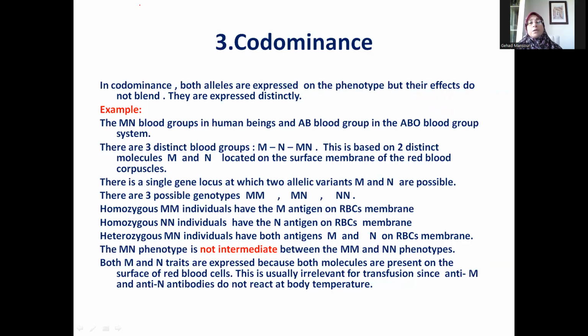For example, in the regular blood grouping system, which is the ABO system, which is the most dangerous, because as you know, in the plasma we might have antibodies, and these antibodies may cause agglutination of the red blood cells that contain the same antigens.